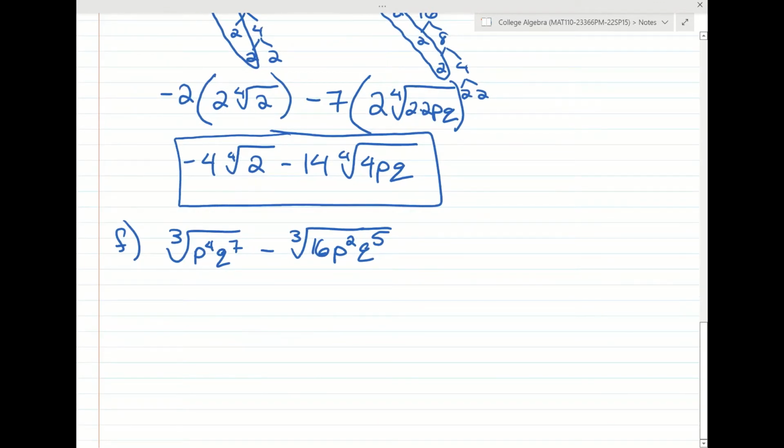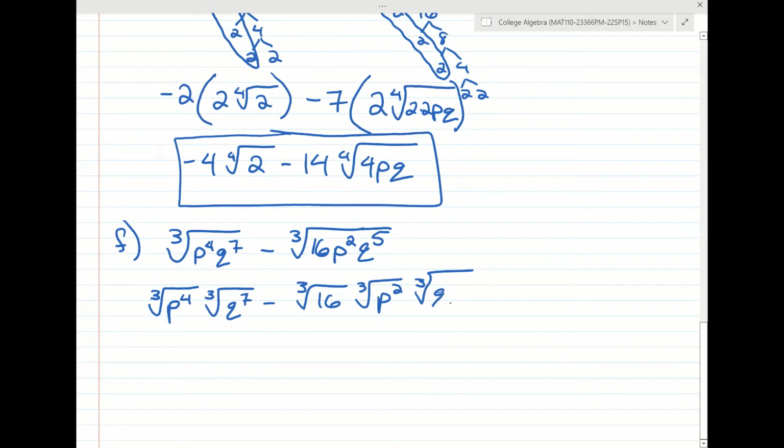Let's break this down into mini problems. So this will be the cubed root of p to the fourth, which we'll take care of by itself; the cubed root of q to the seventh; then the cubed root of 16, the cubed root of p to the second, and the cubed root of q to the fifth. So we'll take care of all of these separately.